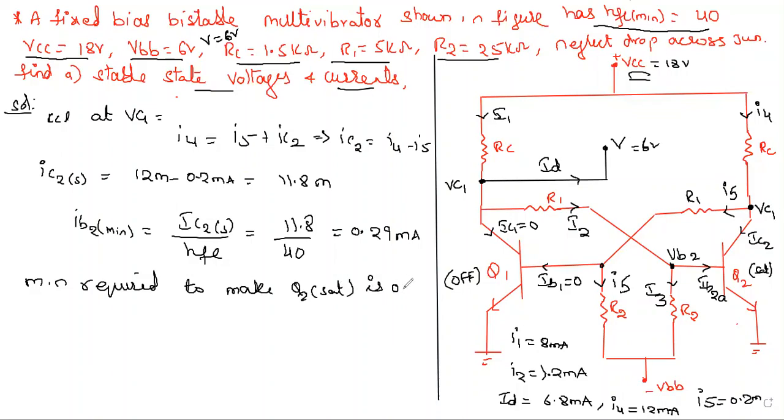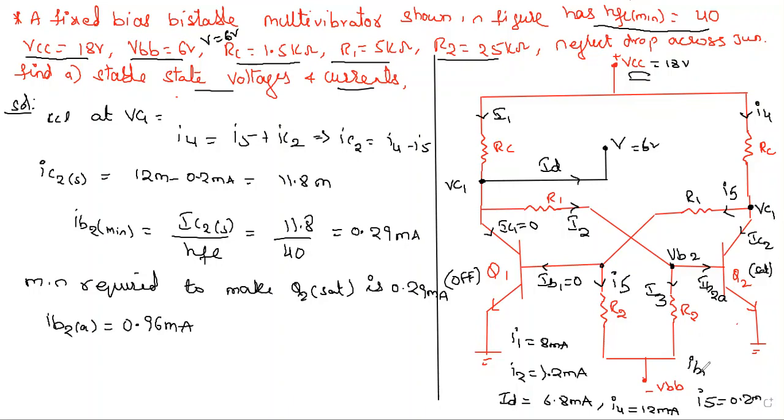is 0.29 milliamps. But what is the actual current flowing? IB2 actual, which we previously got, is 0.96 milliamps. We already calculated it.